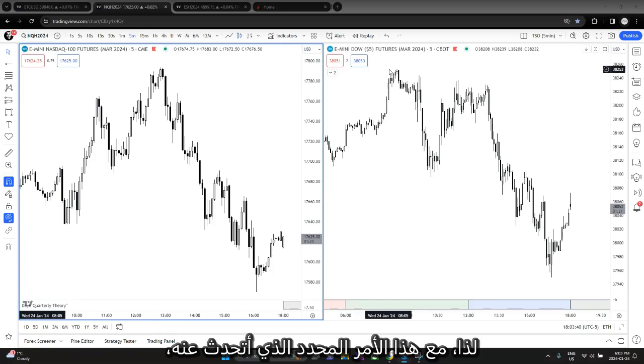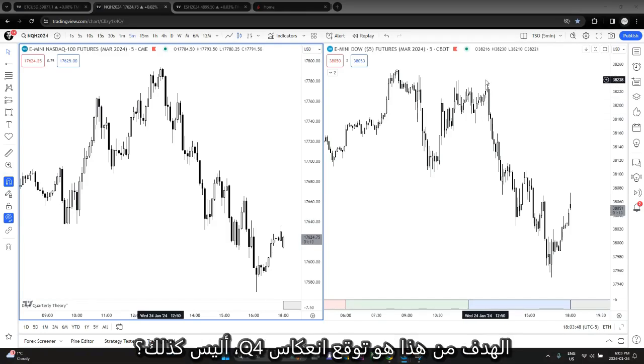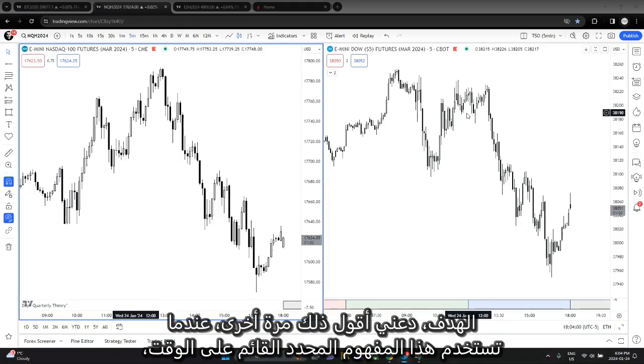So with this specific one that I am talking about, the aim of this is to anticipate the reversal of Q4, right? Let me say that again.